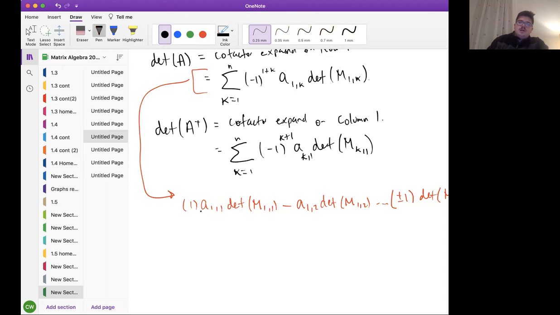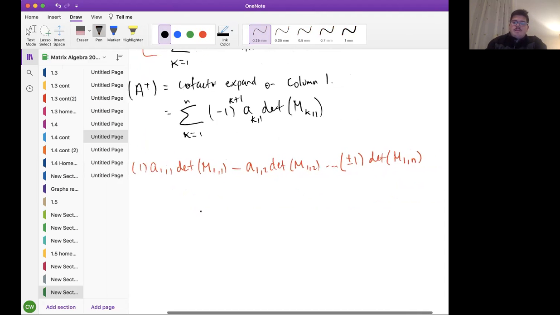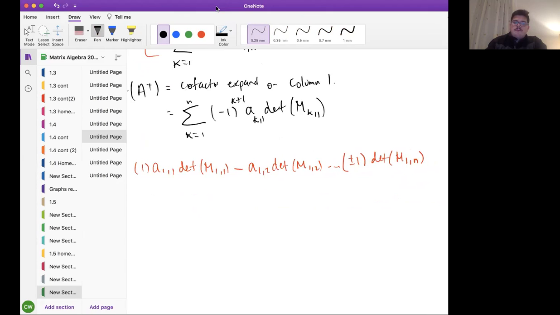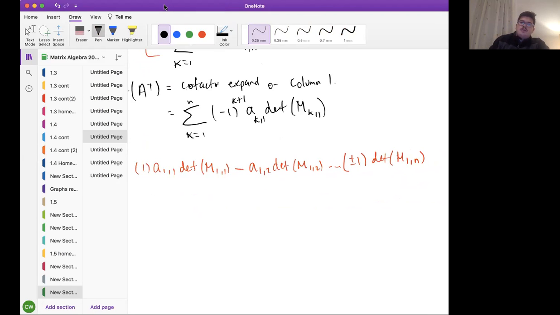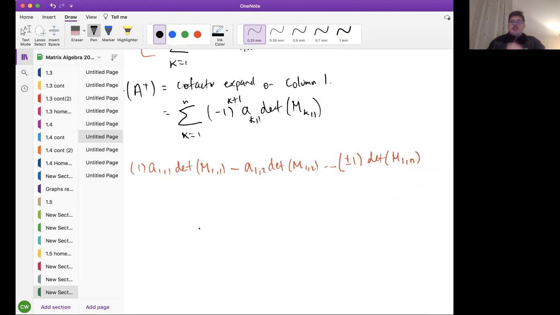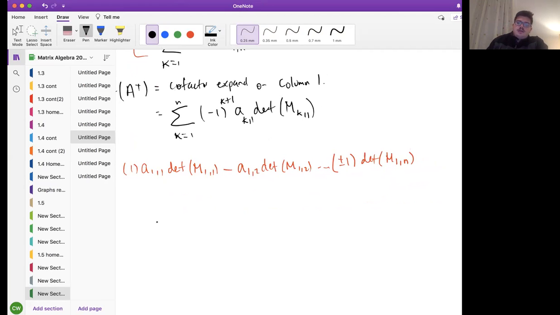Okay, so if you think about M11 in the transpose of a matrix.